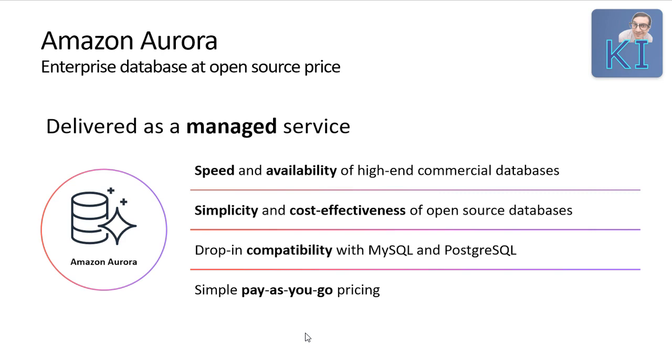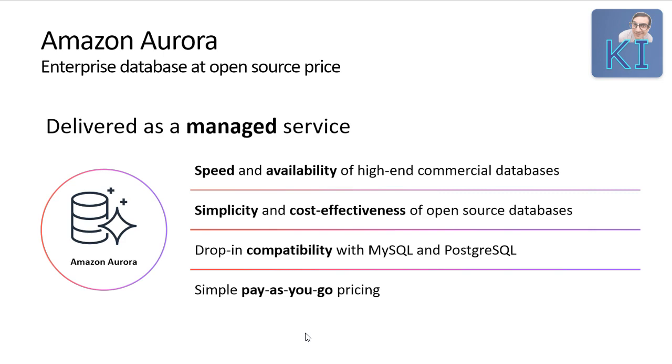Amazon keeps working to make sure that more and more versions of MySQL and PostgreSQL are compatible. So I suggest that you always look up that in the documentation. But the point is, MySQL and PostgreSQL are supported.